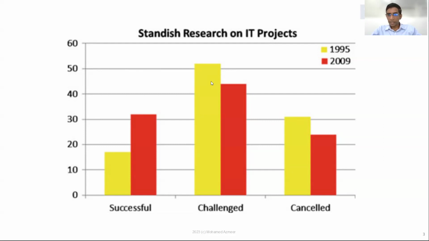If you look at the cancelled projects, we also have a significant amount in 1995. A lot of projects were cancelled, 30 something. In 2009 the cancellation is close there, but it's reduced. Now, what can we learn here? You can see we have improved the engineering principles. Through that, we were able to have many projects successful and fewer challenged or cancelled.